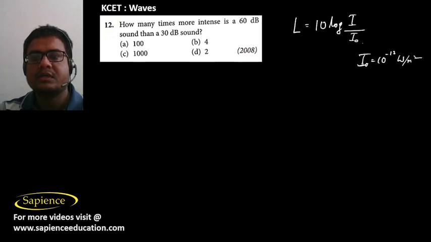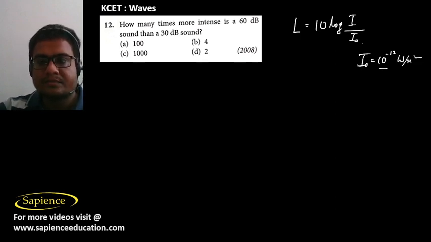When the intensity is this, then the loudness is 10 decibel. So now, 60 decibel is equal to 10 log, suppose I1 by I naught.